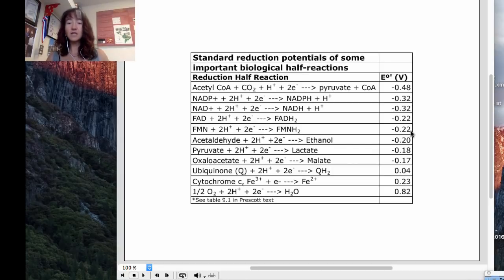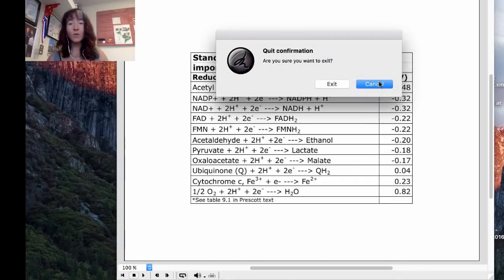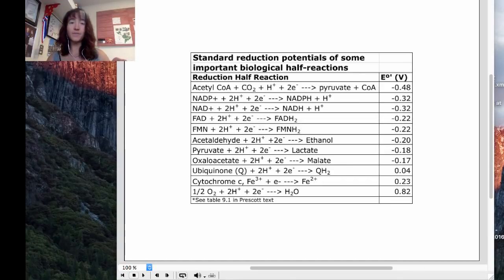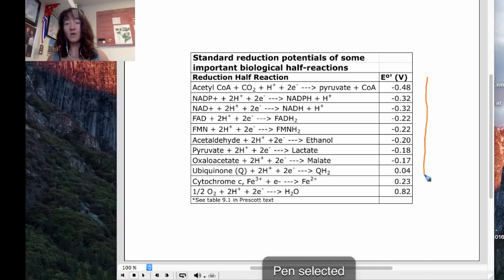And so anything that's on the table below that, that is to say with a higher, less negative standard reduction potential, has a higher desire for electrons. So said another way, we could say that the molecules on the bottom of the table have the highest desire for electrons. So as we go down, we are seeing increasing desire.